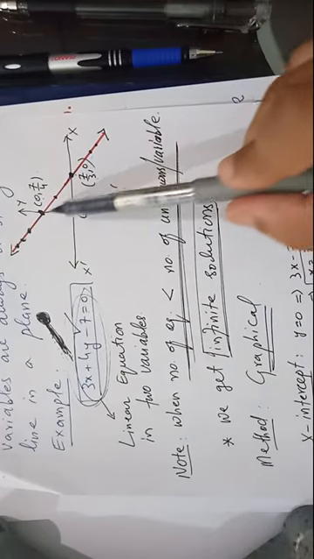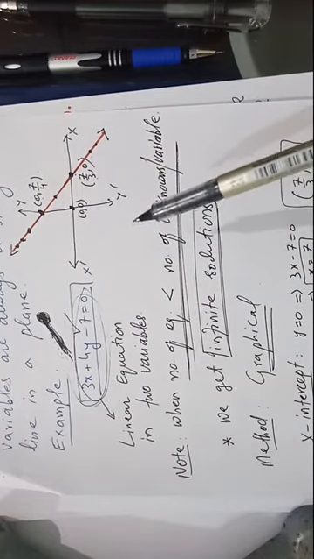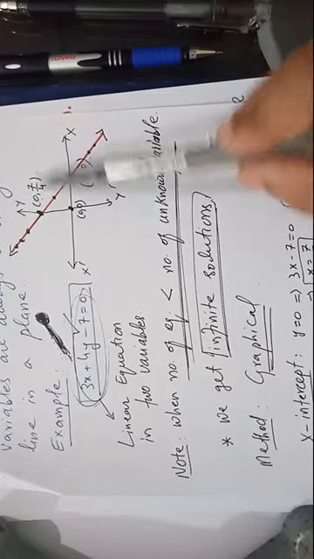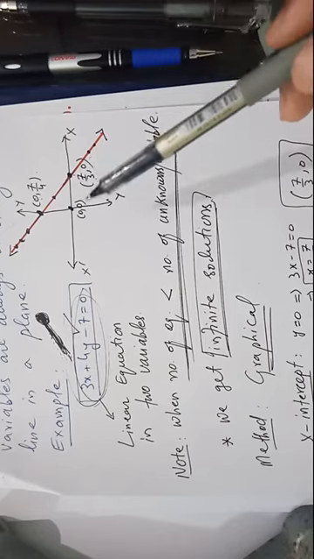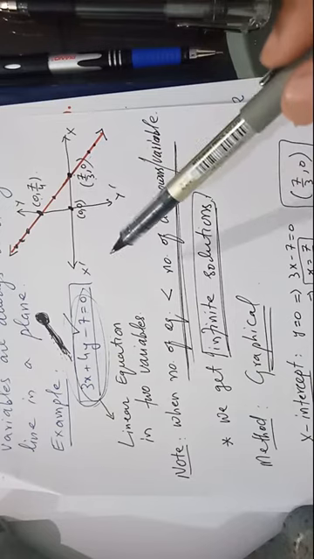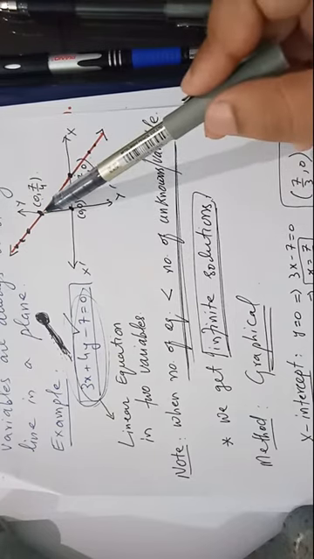So you need to find the intercepts to draw the graph, because the minimum requirement for a single straight line is 2 points. You need to plot 2 points in a plane, and then pass a straight line through them. It is not always compulsory to find the x-intercept and the y-intercept; you need any 2 points in a plane.